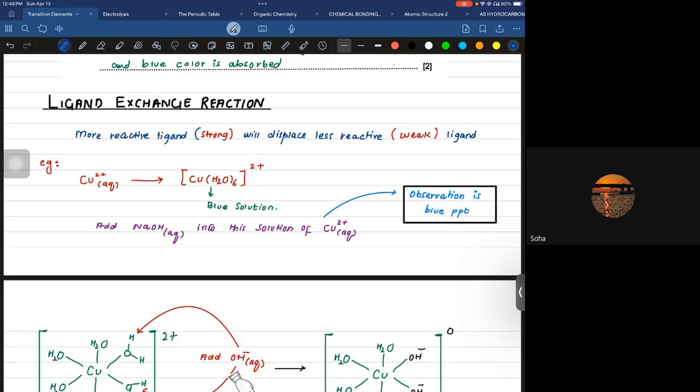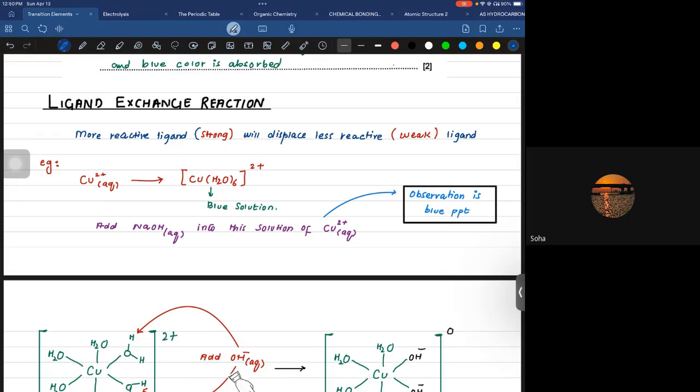Same goes with this. The more reactive ligand is going to displace the less reactive ligand.